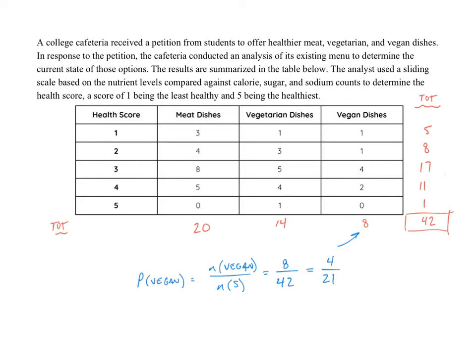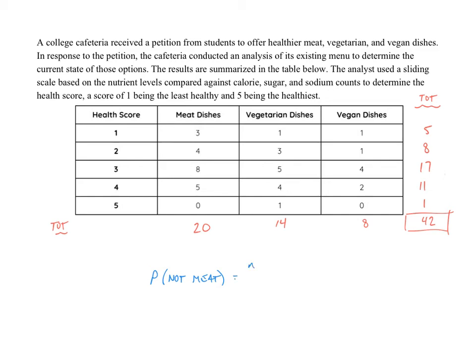Okay, 2 more questions, and these are intended to challenge you and sort of go beyond what we've done in the previous lesson. What's the probability that a dish selected is not a meat dish? And so when we calculate this, the probability of not meat, we really have to think about what we're including here.